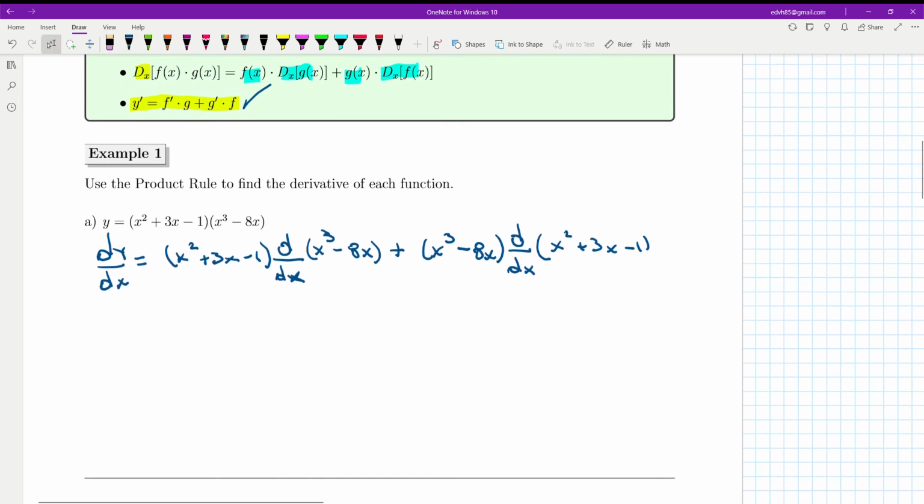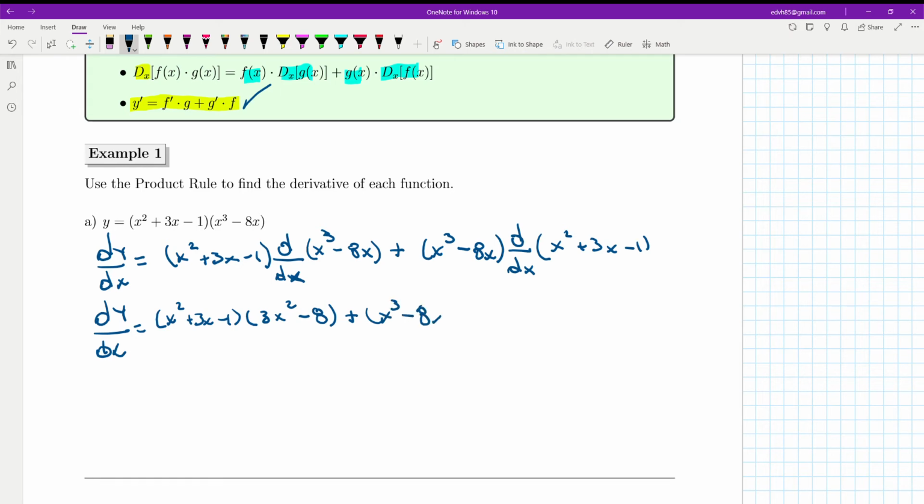All right, so the derivative of this function will be dy dx, which is, okay, the first polynomial left the same, x squared plus 3x minus 1, times the derivative of x cubed minus 8x, which happens to be 3x squared minus 8, plus the second function, which is x cubed minus 8x, times the derivative of this polynomial right here.